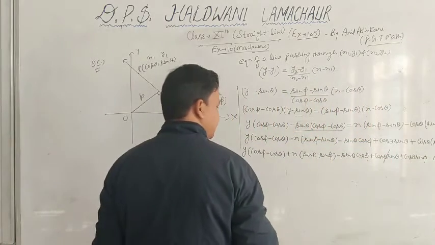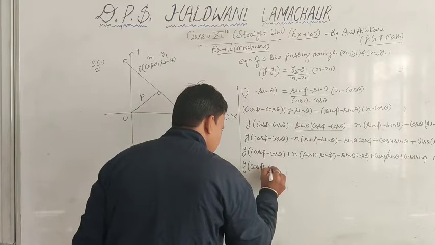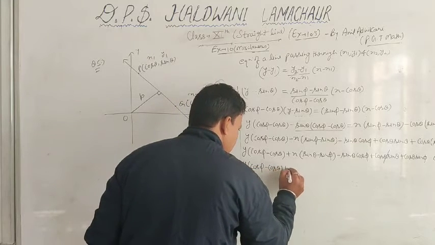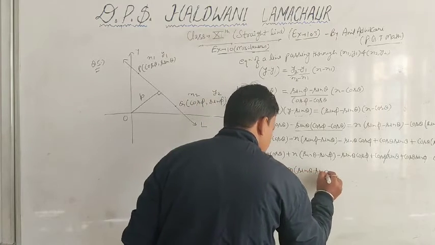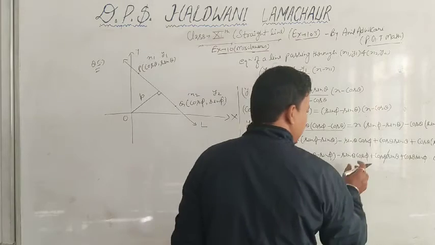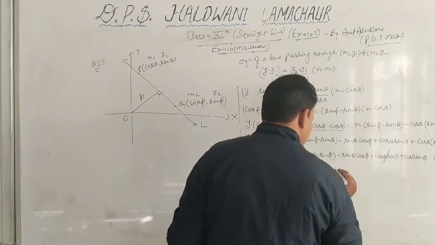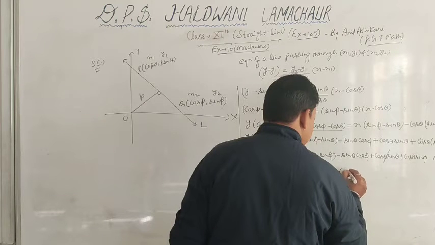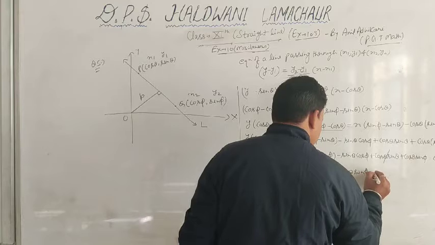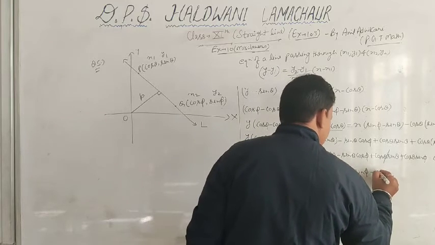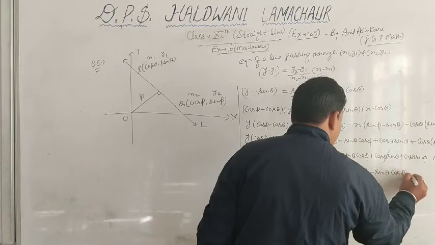So what we get: y times (cos phi minus cos theta) plus x times (sin theta minus sin phi), and what constant term do we have? Minus sin theta cos phi plus cos theta sin phi. So we can write it as cos theta sin phi minus sin theta cos phi, equal to 0.